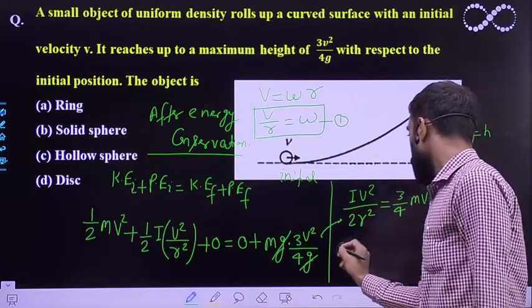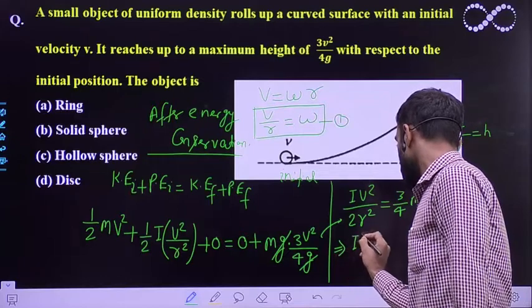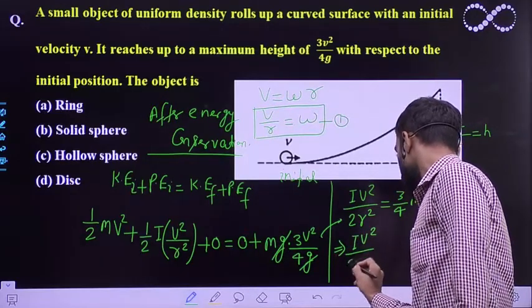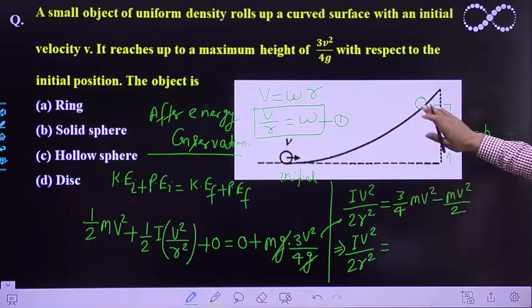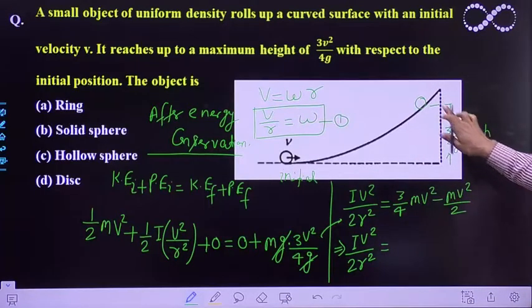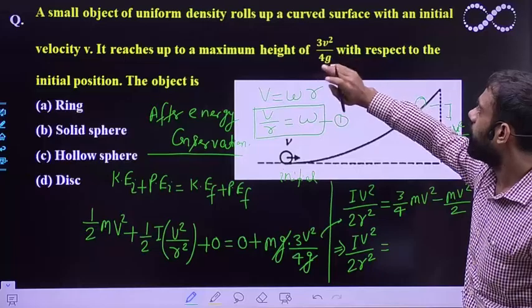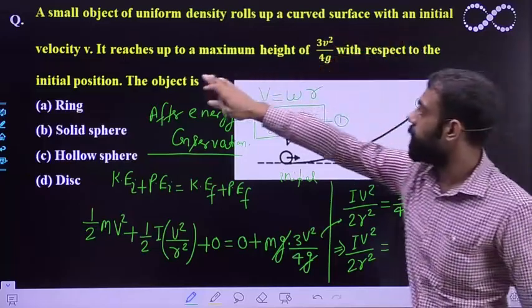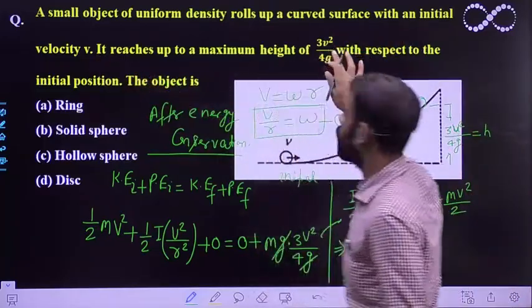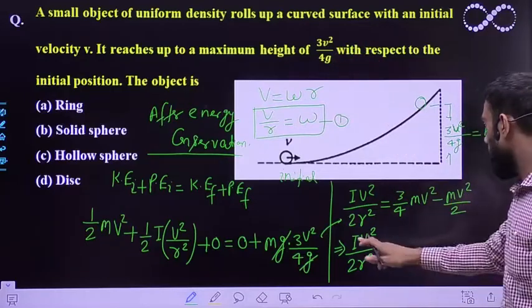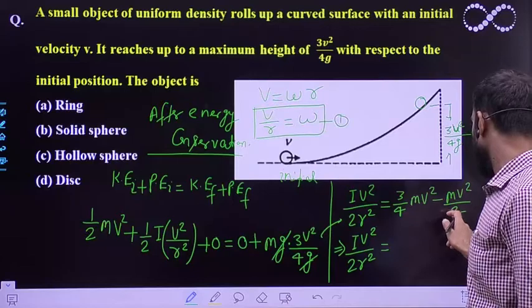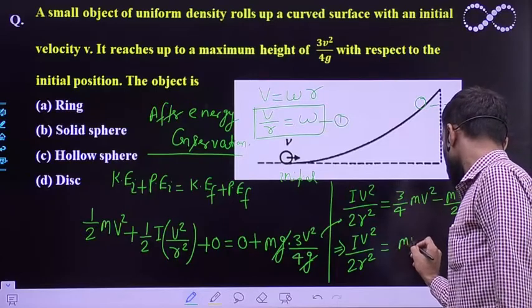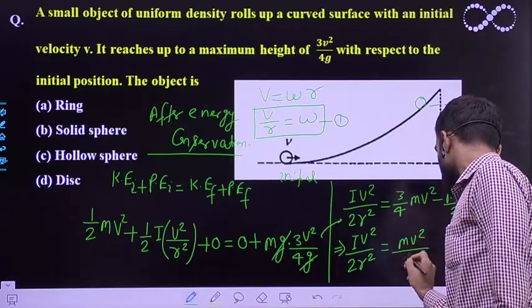So you will get I v square upon 2r square is equal to... this was not u, it was v only. Here it is given v, the same initial speed v, so this is also v, mind it. So I v square upon 2r square, and this will become m v square upon 4.